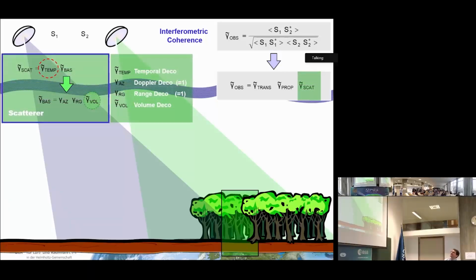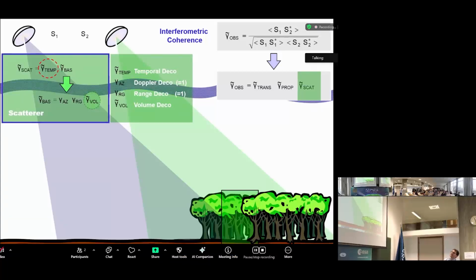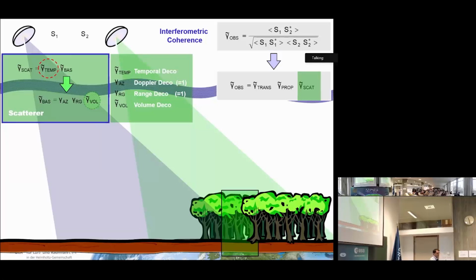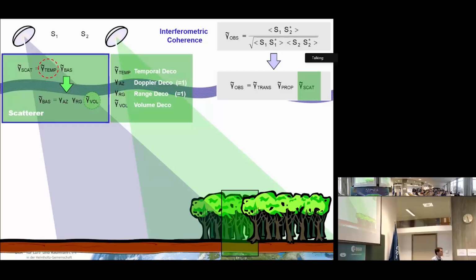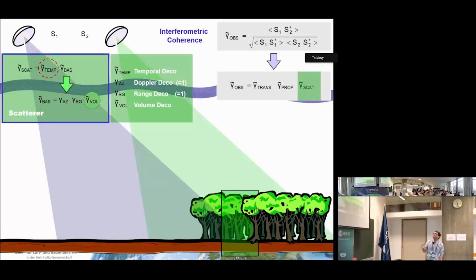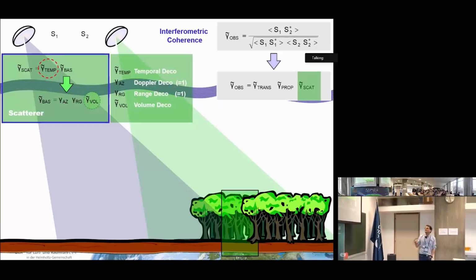In the scattering, you can factorize it in 2 contributions. You have the temporal decorrelation, and you have the coherence that changes with the baseline. You can make your baseline smaller and larger, and this coherence will become larger or smaller. Here you have several contributions: Doppler decorrelation, range decorrelation.